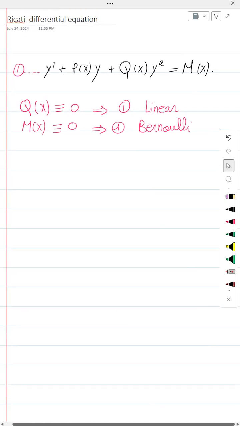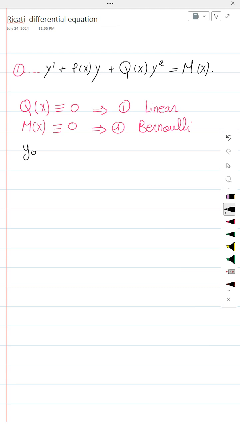So a Riccati differential equation could not be solved unless we have a particular solution, and let's call it y0. y0 is a particular solution for our Riccati equation.